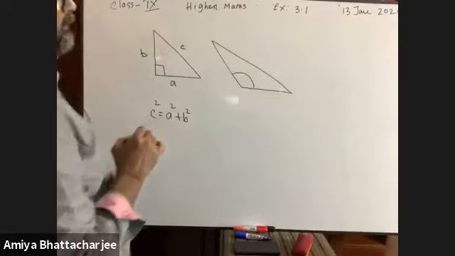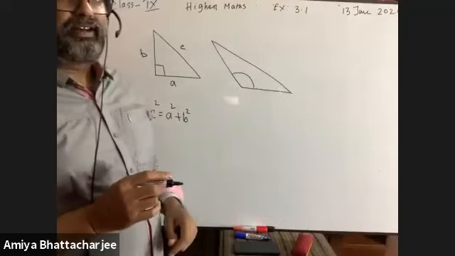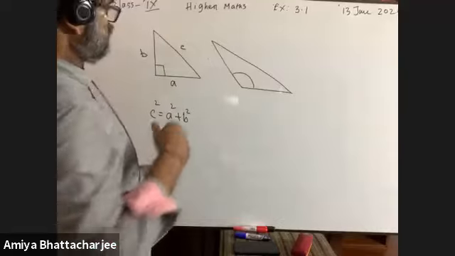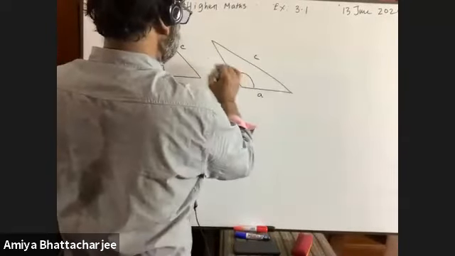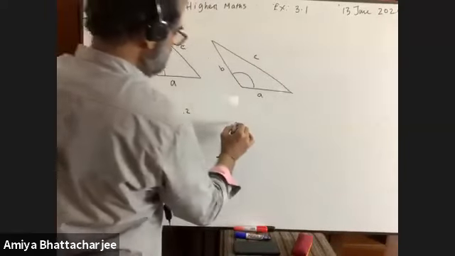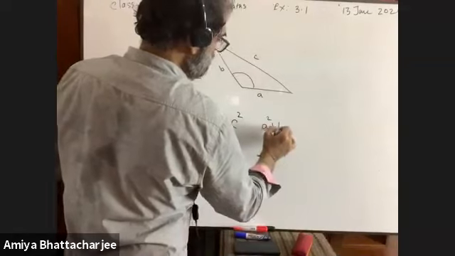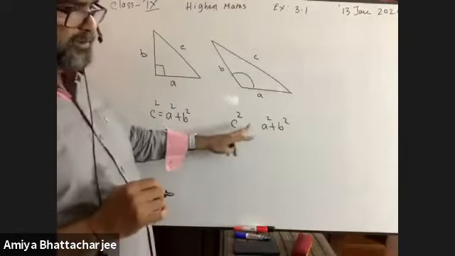Greater than 90 degrees, but less than 180 degrees. Is it? Yes, sir. Okay, so it is C, it is A, and it is B. If I write C square and here A square plus B square, what notation can be given here? Equal, less than, greater than, which one?